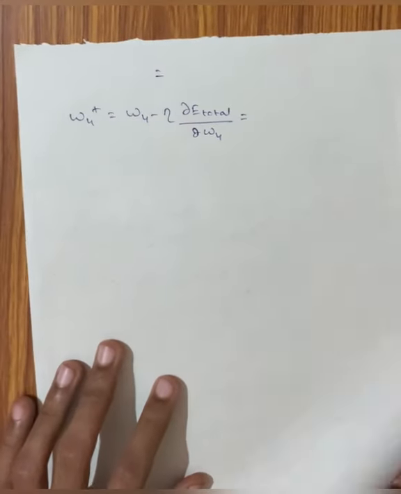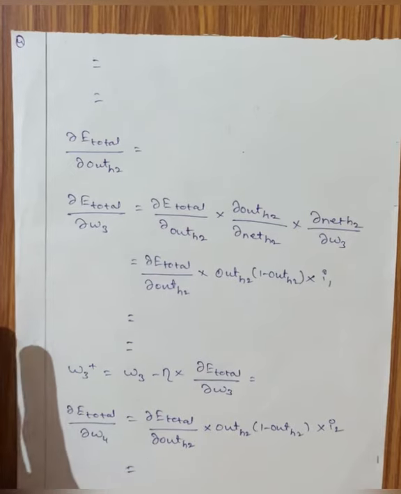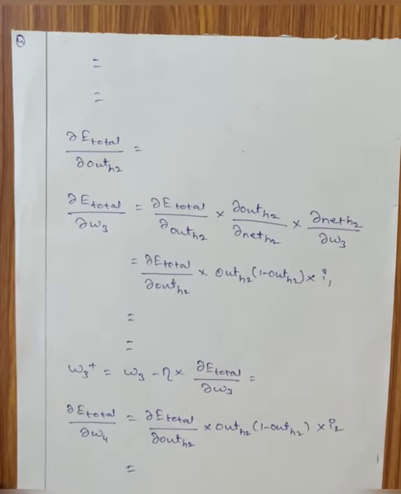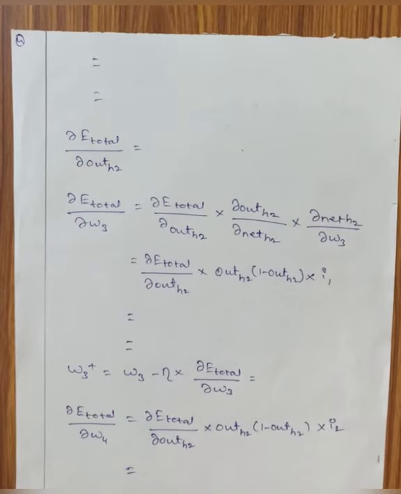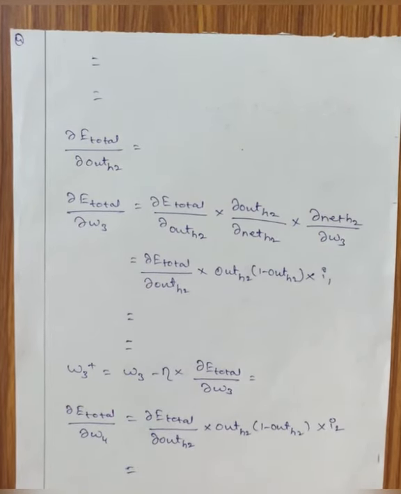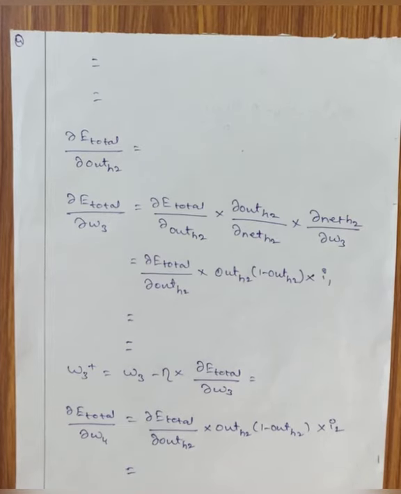So here we have seen that we have calculated all the weights W1 to W8. The main agenda is that we have to decrease the error value. In the example which I showed, initially we get an error value of 0.298.